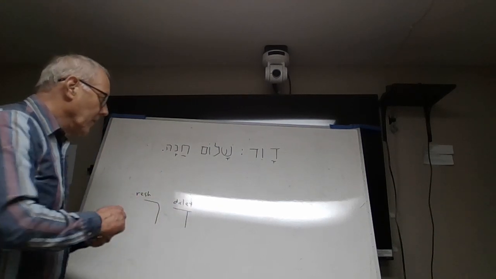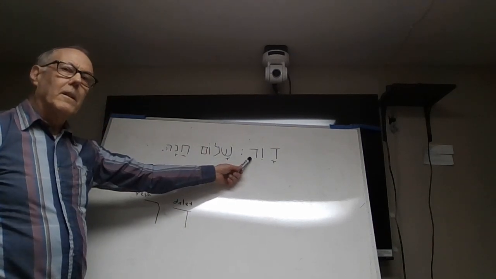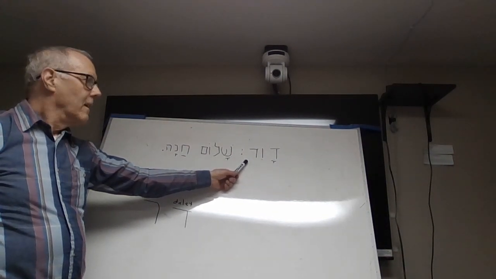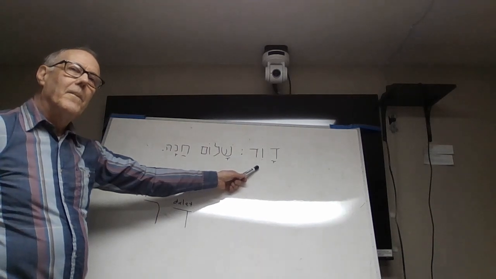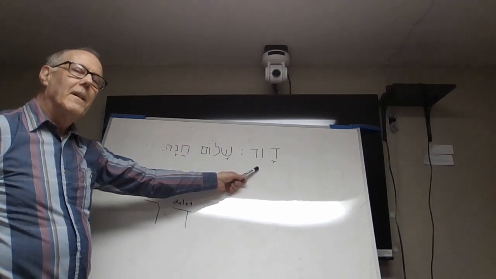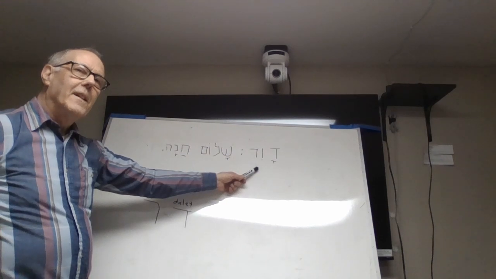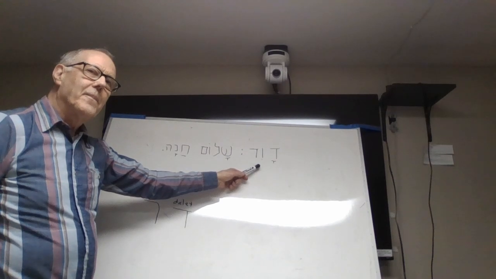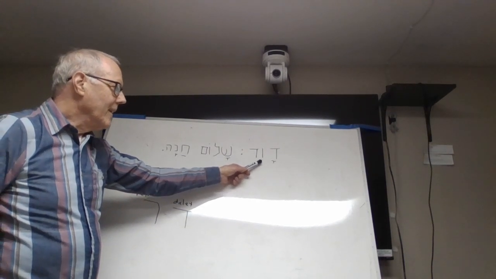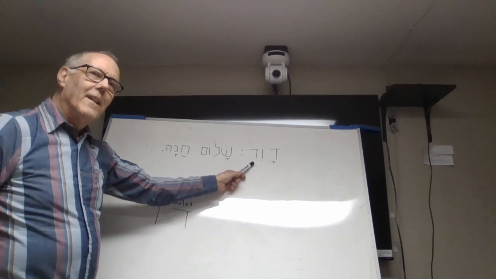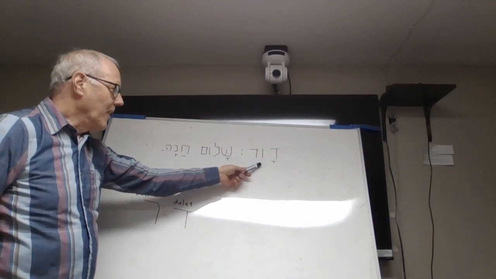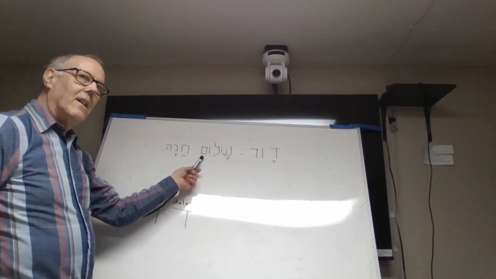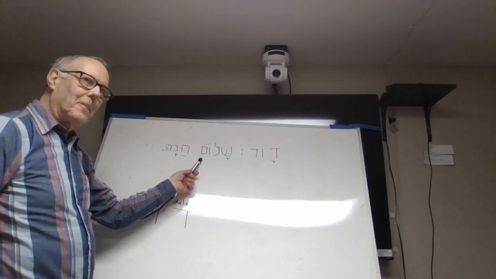Okay, so here's our first line. What's the first word? David. Da. This is a vav. And then the dot underneath it goes e. David. So David says, Shalom.